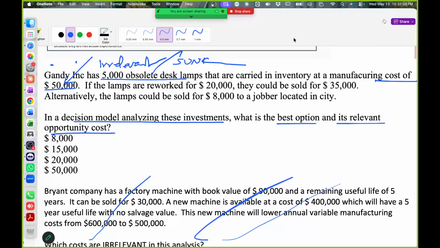If the lamps are reworked, they can be sold: sale value 35,000 minus rework cost 20,000.